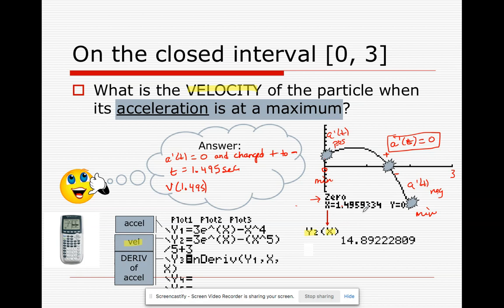Now, I do not round while I'm inside my calculations, but I can round writing down. And remember, on AP, if you round, you must write 3 places past the decimal. And since they gave you units, give them units back. Okay? That was part B.